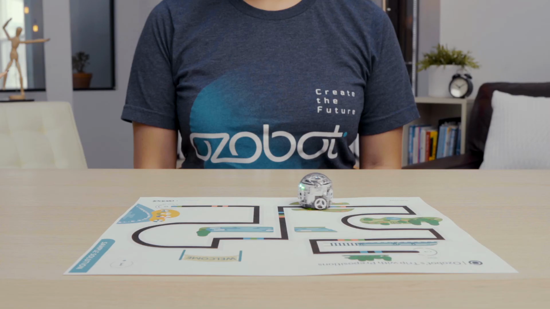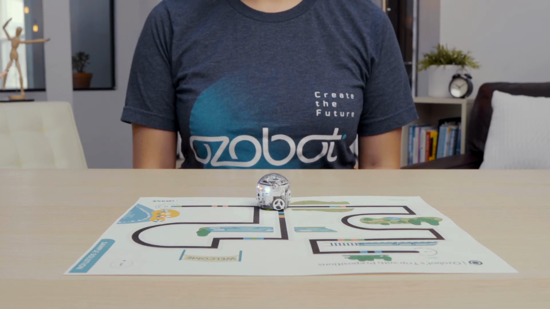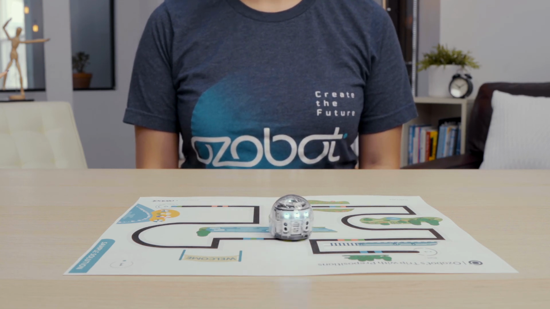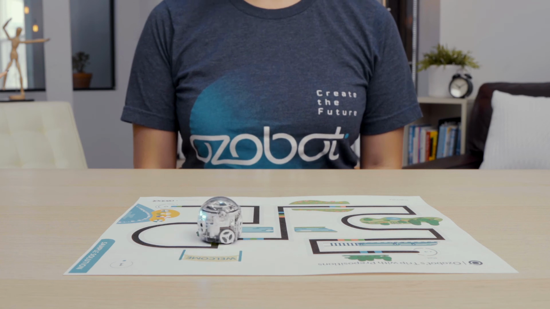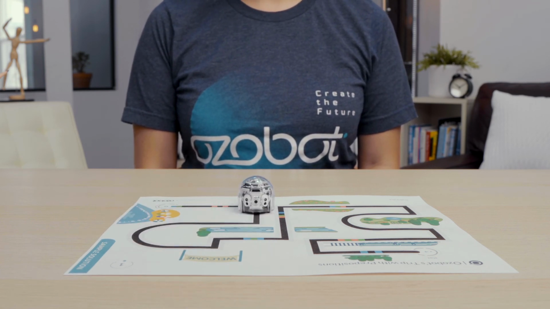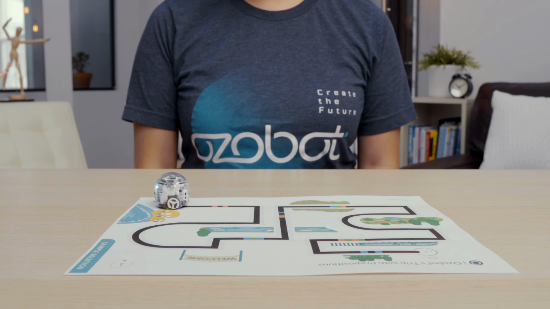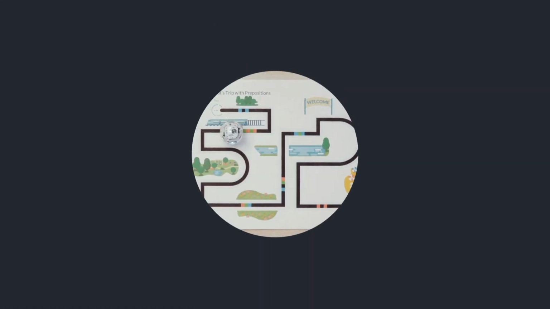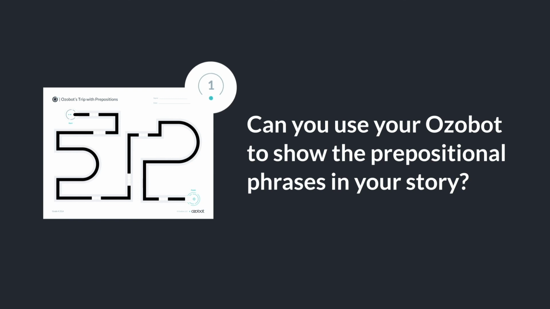You will place your Ozobot on start and watch it follow the lines and color codes to demonstrate the prepositional phrases in your story. For an extra challenge, read your story aloud as the bot shows it in action. Can you use your Ozobot to show the prepositional phrases in your story?